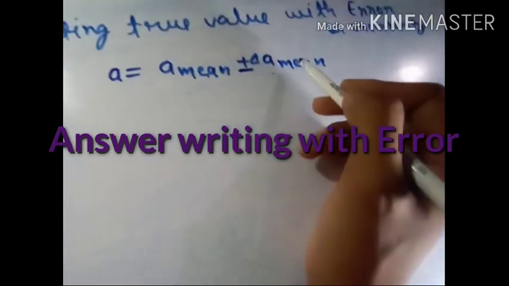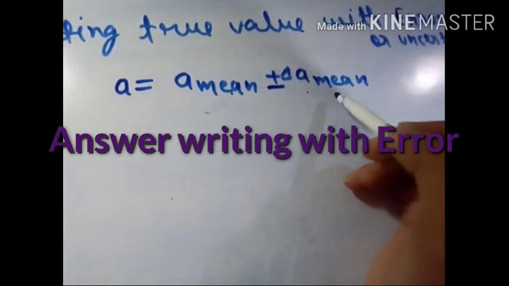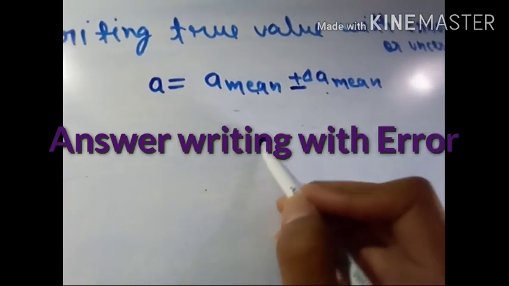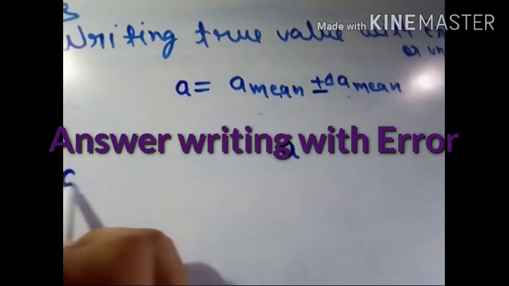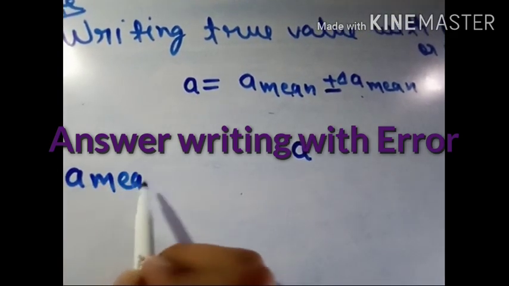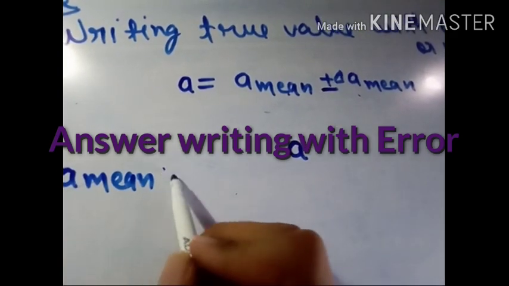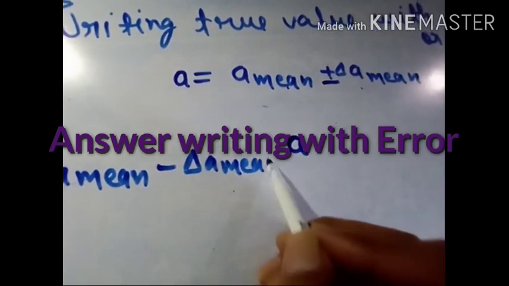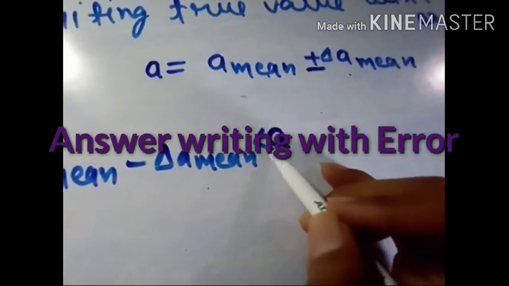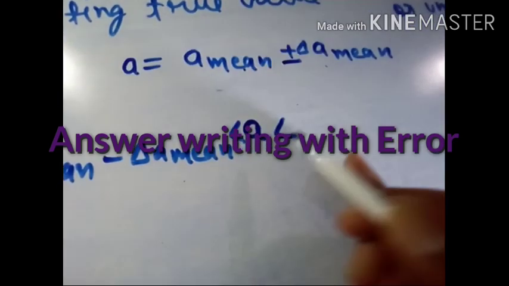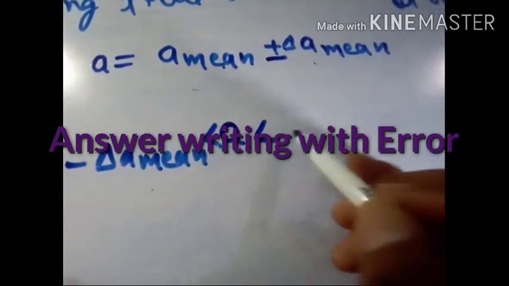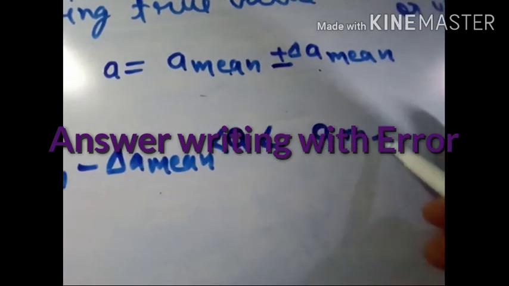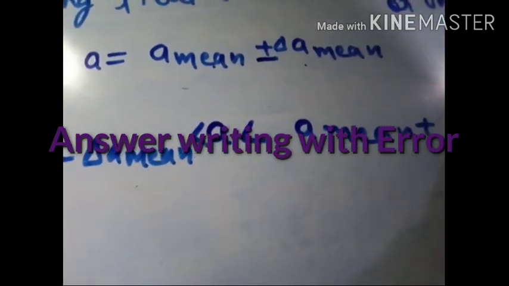So listen carefully. This A value may lie between A mean minus delta A mean and A mean plus delta A mean.